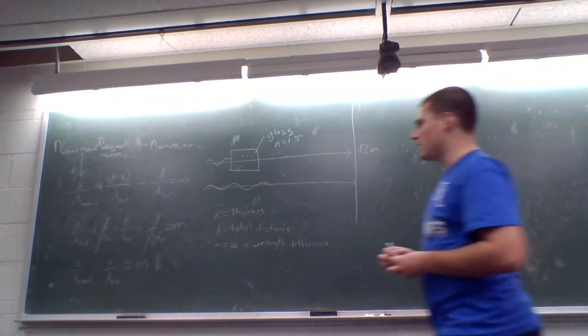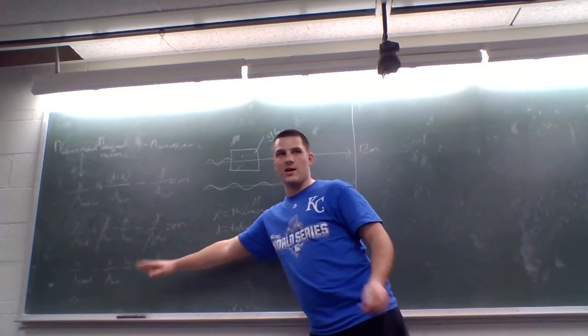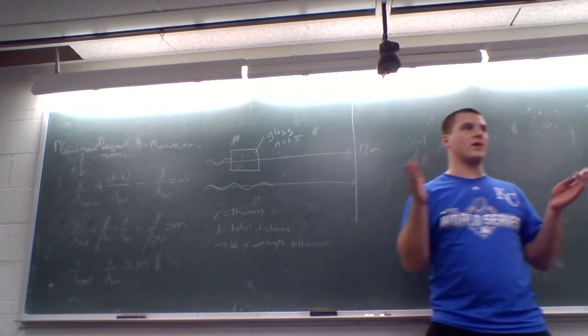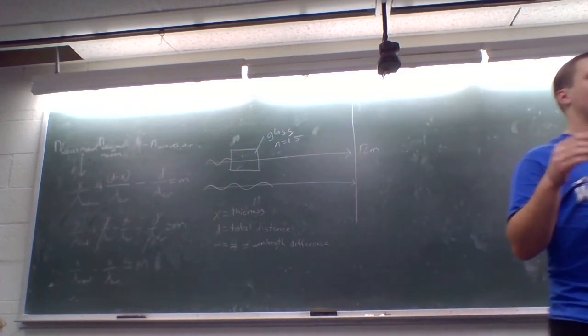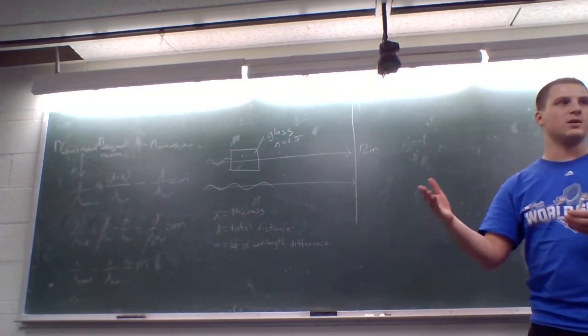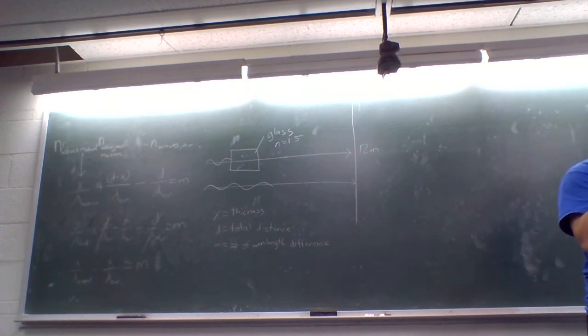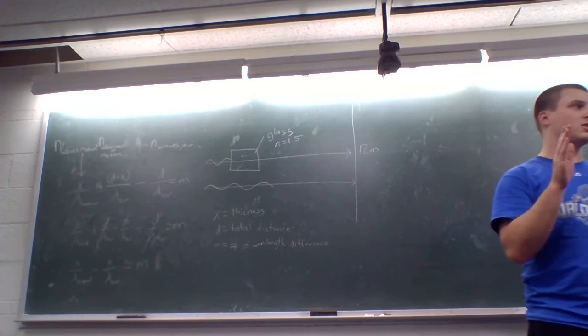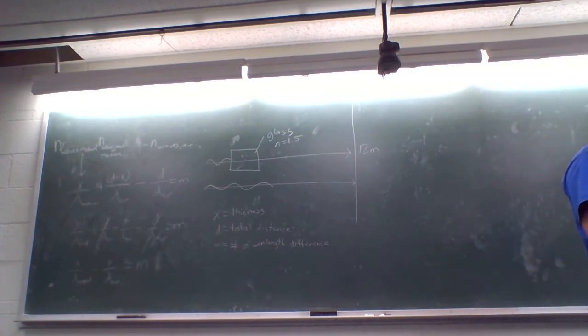And that equals what I labeled as m, which equals the number of wavelength difference that you're trying to find. So for the minimal thickness that will give you constructive interference, it will be 1, because that's the amount of wavelength difference that you could have and still have a bright spot. Okay?